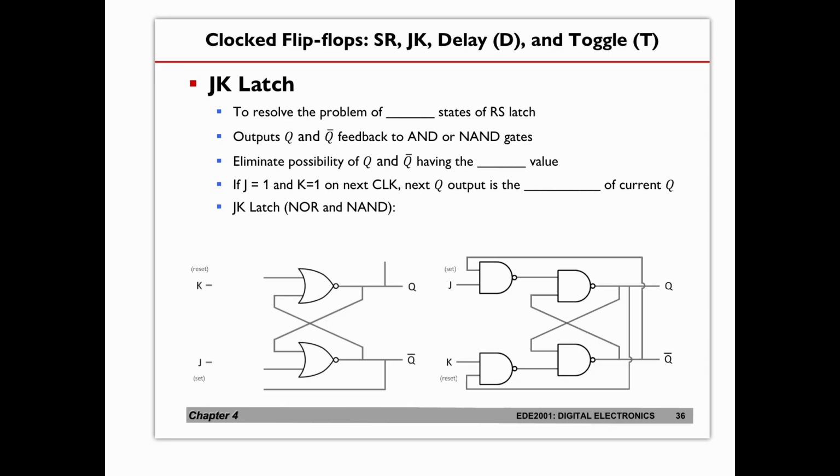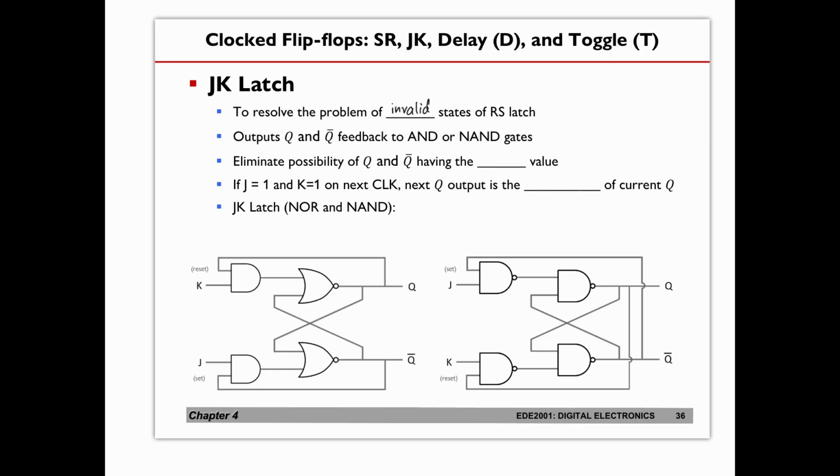So this is how your SR latch, the NOR version, looks like. What we have done here is add an additional AND gate in front, and after that we have a feedback loop. This is what we call a JK latch, and it is very useful when we want to take care of the invalid state. We are going to talk about that in a short while.